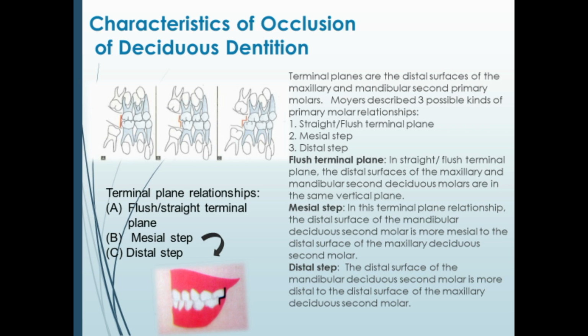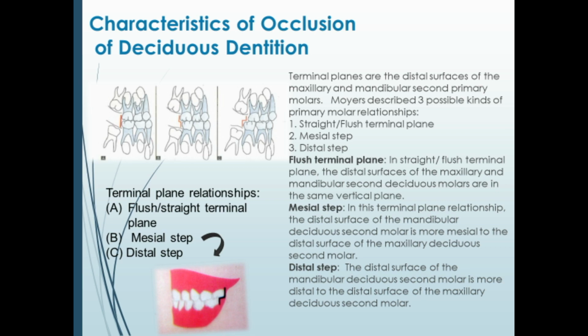Molar relationship. The anterior-posterior molar relationship in deciduous dentition is described in terms of the terminal planes. Terminal planes are the distal surfaces of the maxillary and mandibular second primary molars. Determining the terminal plane relationship in the primary dentition stage is of great importance because the erupting first permanent molars are guided by the distal surfaces of the second primary molars as they erupt into occlusion.